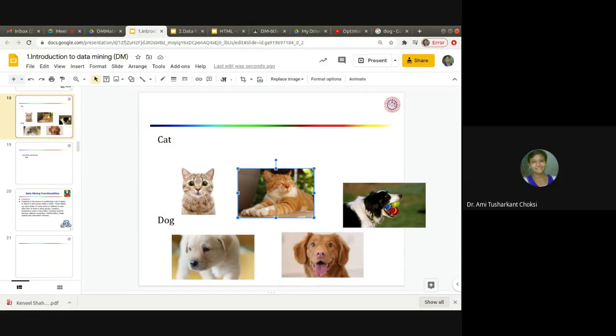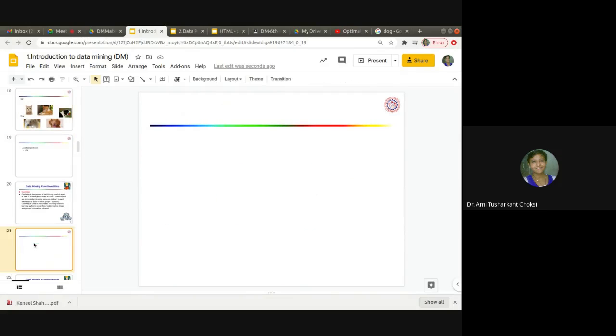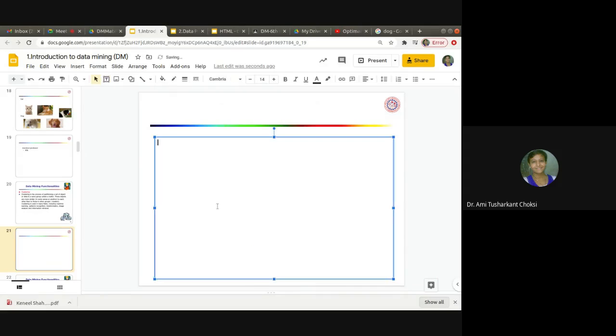That is, this is a cat, this is a dog, right? That label is there, and that is called the classification. Here in clustering, do we have the labels? No, we do not have the labels.